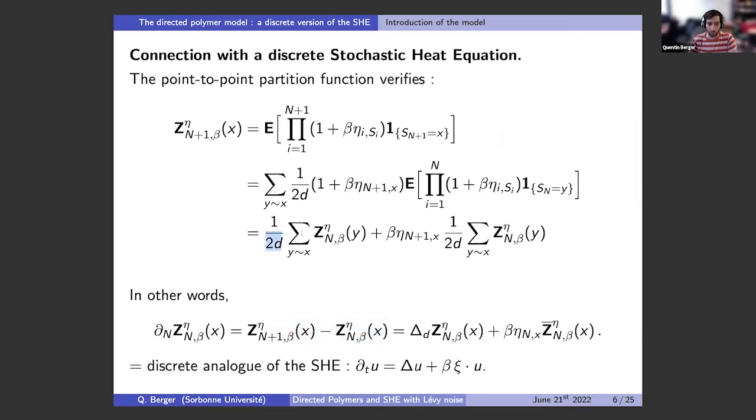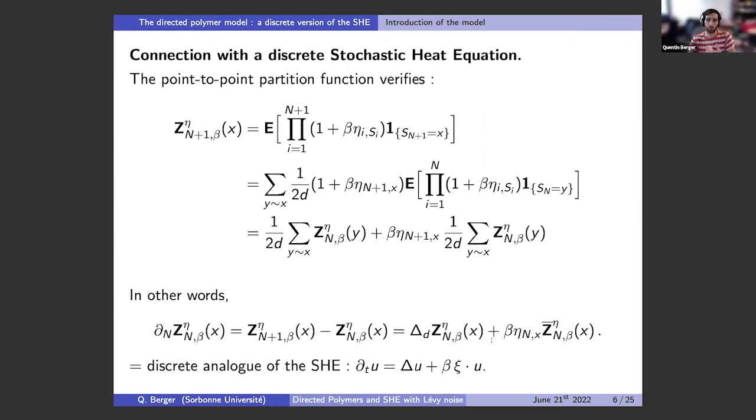What you have is this first sum minus zn, which is the discrete Laplacian, plus, and here there's a typo, it should be n+1 inside of n here, but plus beta times a random variable times some kind of averaged point-to-point partition function. So it looks a lot like the stochastic heat equation: the time derivative is the Laplacian plus beta times a noise times u.